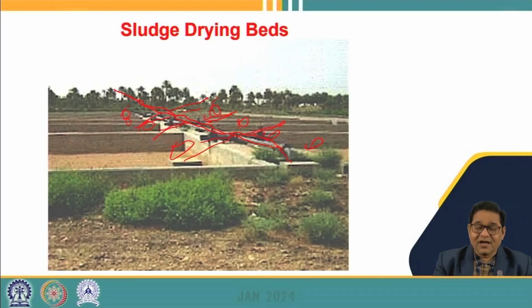And there are the underdrainage systems which collect the filtered water and take it out of the sludge drying bed, and it is recycled back to the sedimentation tank, wherein it will be further treated in the treatment plant.